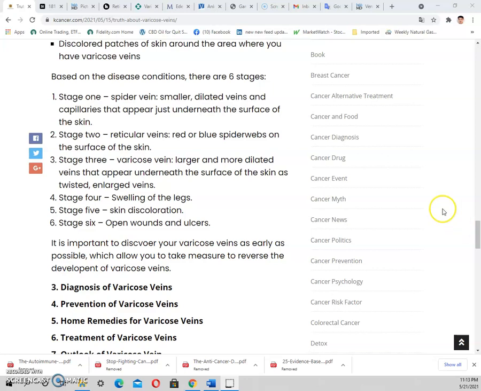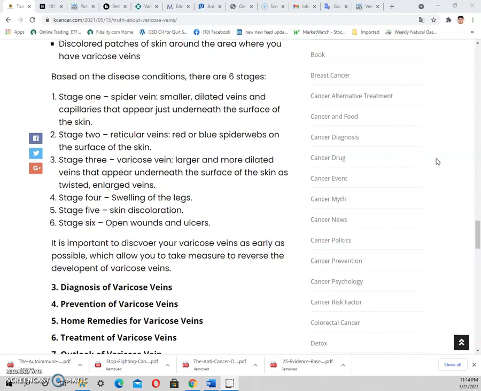If you don't take any action, usually the spider veins and reticular veins will progress into varicose veins, and then you can see large, twisted and more dilated veins, usually in your legs. When this reaches stage 3, usually you need to take medical treatment in order to reverse this varicose vein.